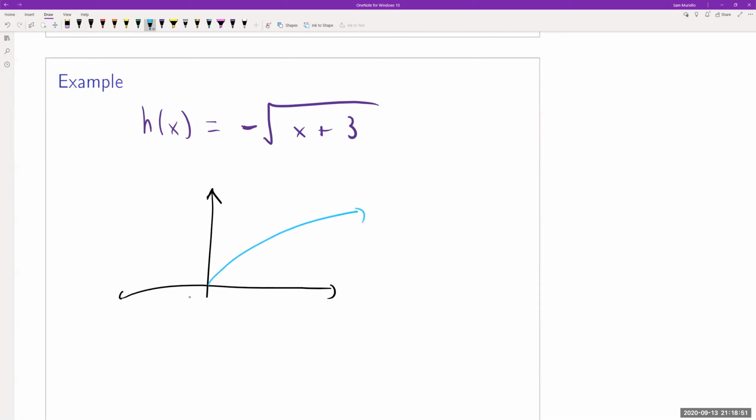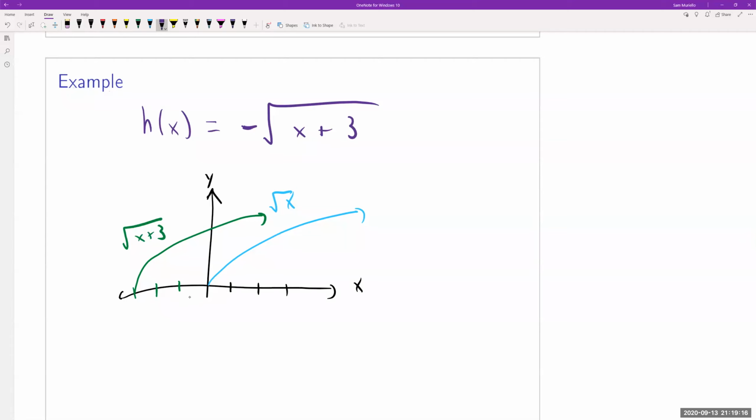So this will be the original function square root of x. First, I need to shift it to the right 3. 1, 2, 3. And I get square root of x plus 3. Finally, I will need to do the reflection. And recall that this simply means that I am switching the sign of each of my x coordinates.